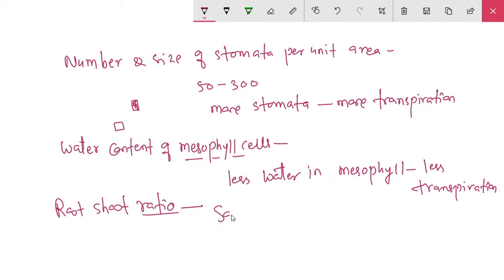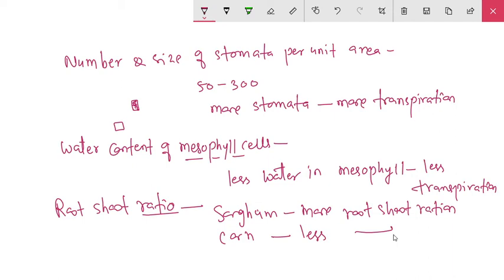So for example, in sorghum and corn. आता मका आणि sorghum ज्वार हे दोन प्लांट जर आपण पाहिले, so in the sorghum plant the root shoot ratio is more, but in corn there is a less root shoot ratio.